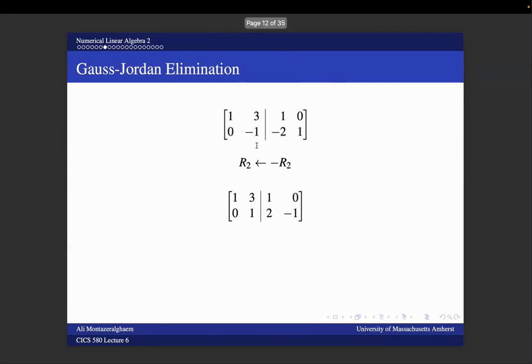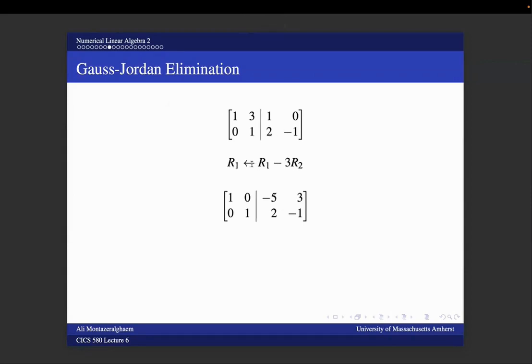So in the next step, for example, we can take the minus second row, which is 0, 1, 2, and 1, and then replace R2 with that.